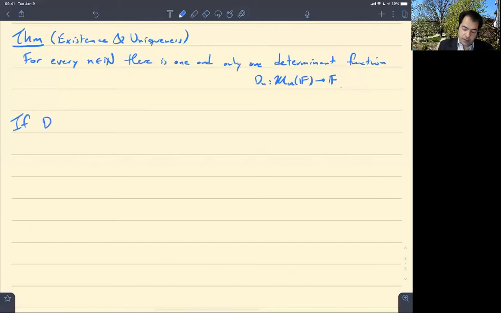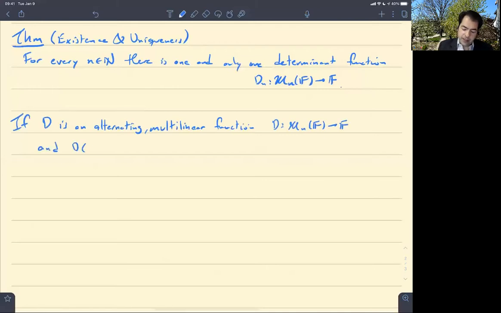So if D is an alternating multilinear function defined on n by n matrices.